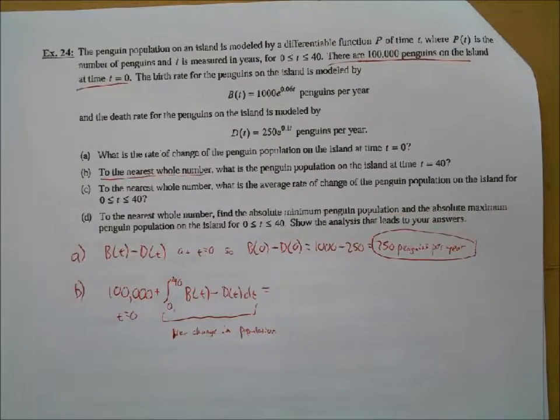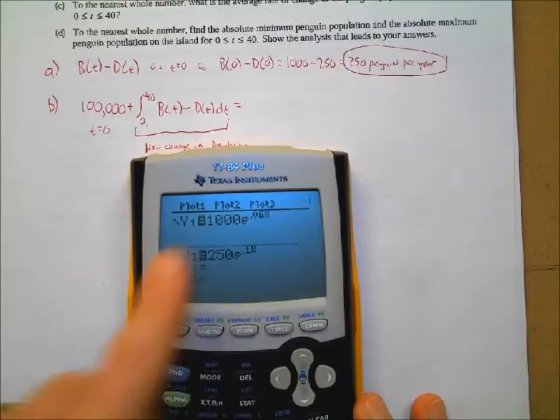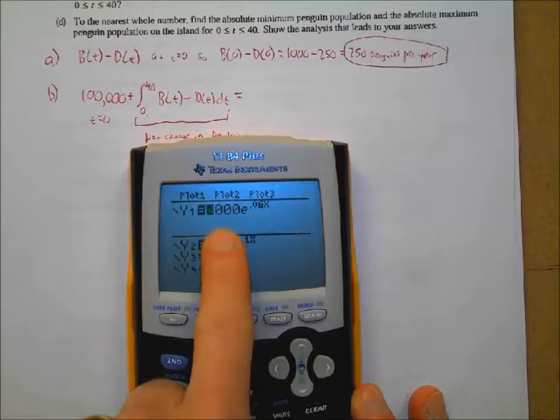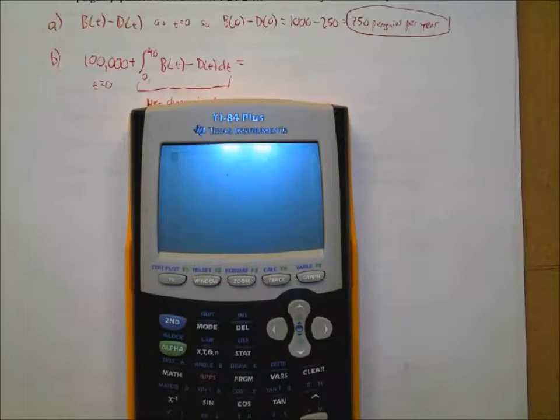Again, this would be a good opportunity for you to make sure you can type things into your calculator accurately. I put the birth rate in Y1 and the death rate in Y2.